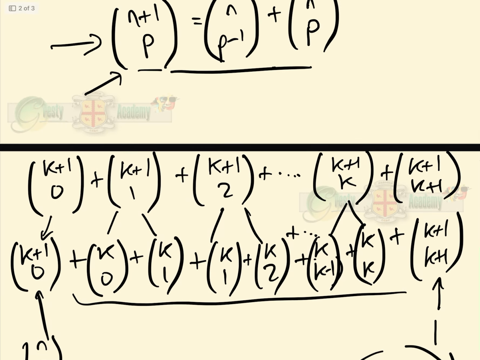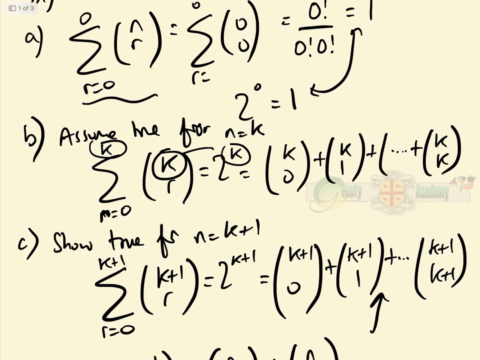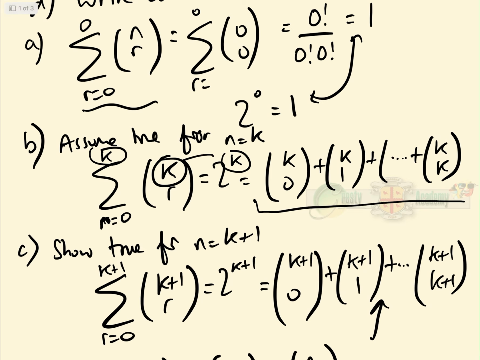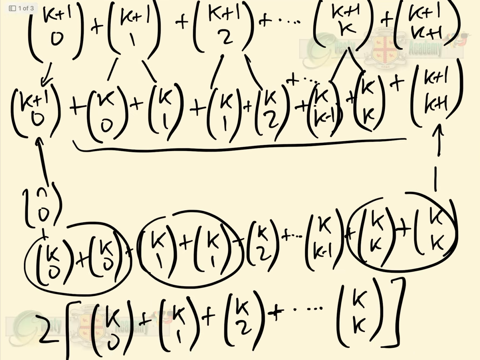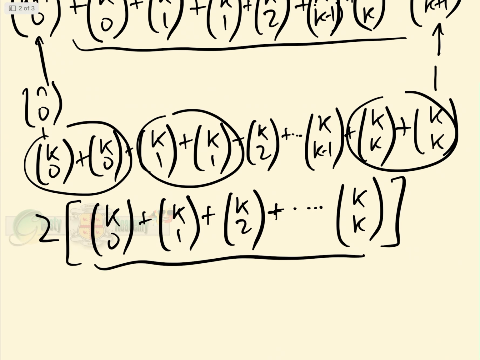And going all the way back to our assumption, that C(k, 0) add C(k, 1) add up to C(k, k) is equal to 2 to the k. So we can replace this by 2 to the k, so that equals 2 times 2 to the k, which is 2 to the k plus 1 as required.